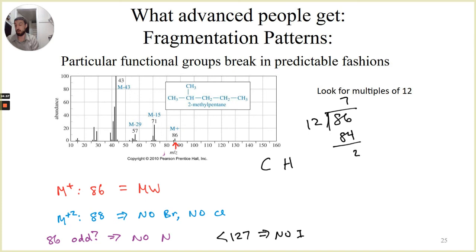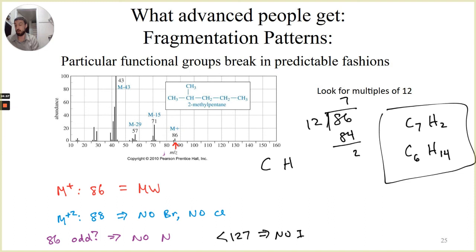That would mean 2, and I would have a formula of C7H2. Well, that's not a lot of hydrogens. So what if I had C6H, and since I removed 12 on our carbons, that has to be accounted for somewhere. I'll add that to our hydrogens, H14. Both of these are potentially valid formulas.